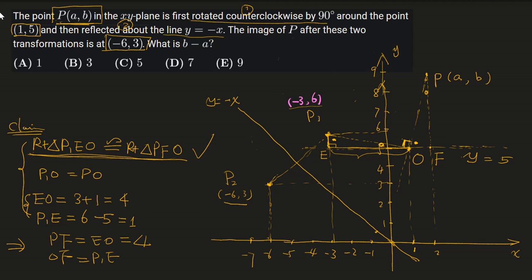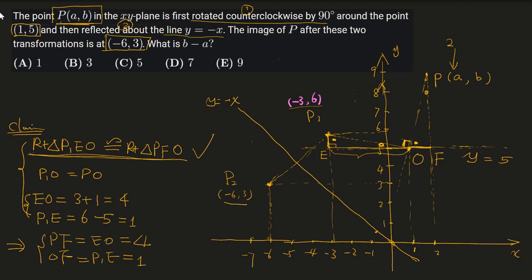These are the pairs of corresponding sides of the two congruent triangles, right? So it equals 1. Good. So with this pair of information, we know that this is 1. Then what is the x-coordinate of P? So certainly A equals 2, right? So it has to be like this.